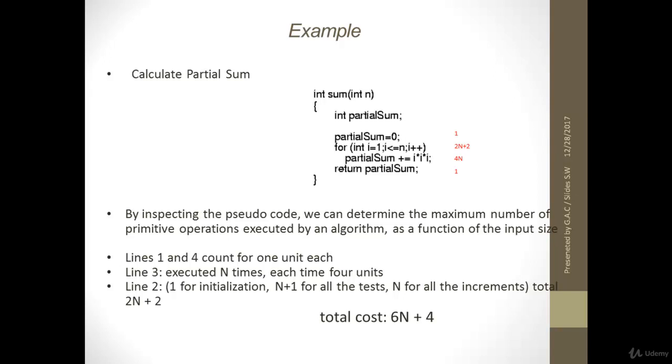And finally we are looking at line 2: 1 for initialization, n plus 1 for all the tests, and n for all the increments. In the for loop, initialization happens only once, so 1 for initialization. Then the condition is checked, i less than or equal, or i greater than or equal, any sign like that.